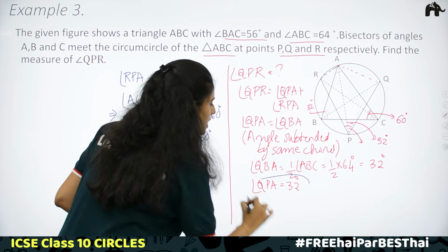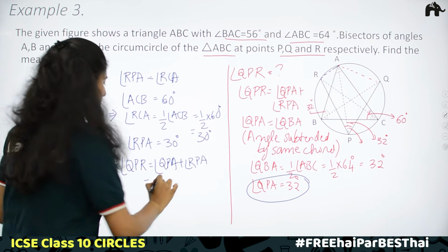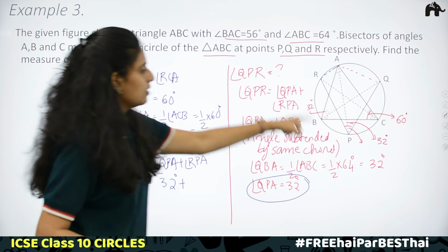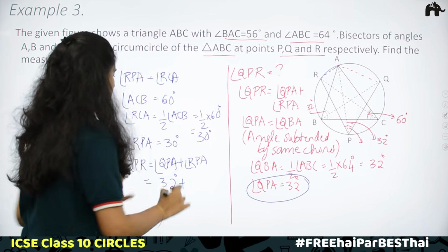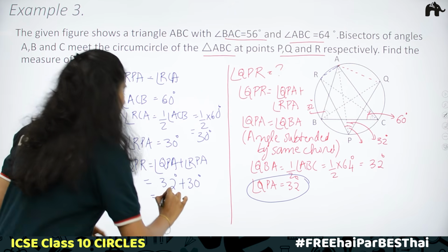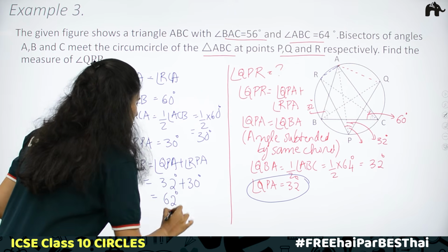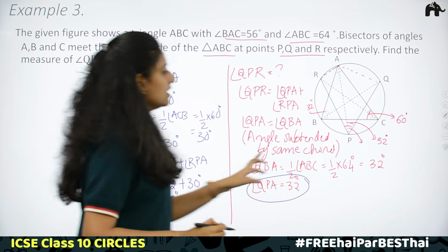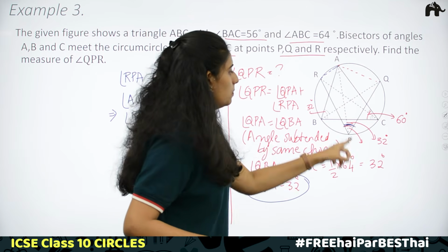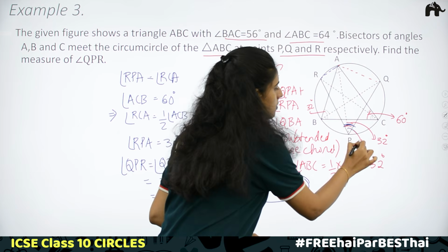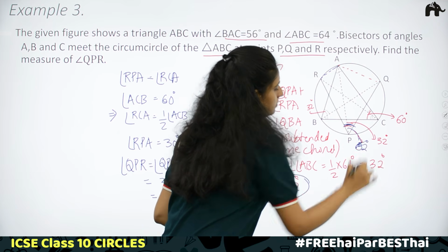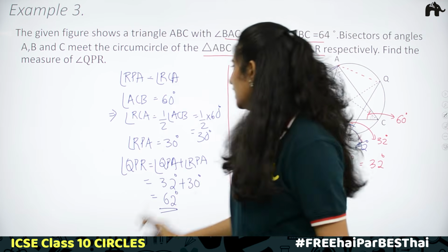QPA we have determined is equal to 32 degrees, plus RPA, which is 30 degrees. 32 degrees plus 30 degrees, we get 62 degrees. So 62 degrees is the measure of the total angle QPR. Understood this?